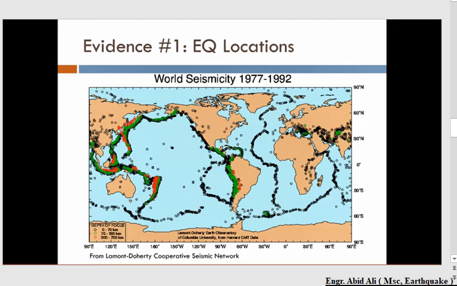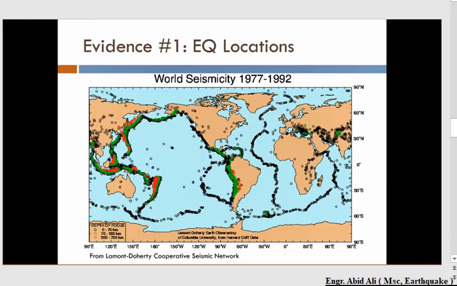So the 1960s is not that long ago, and I want you all to appreciate and understand that when we are talking about our modern understanding of earthquakes and how the earth works, these are all new theories, and we are still proving them or still testing them.